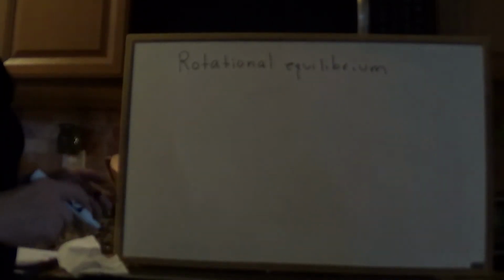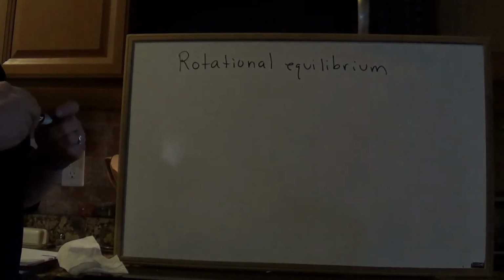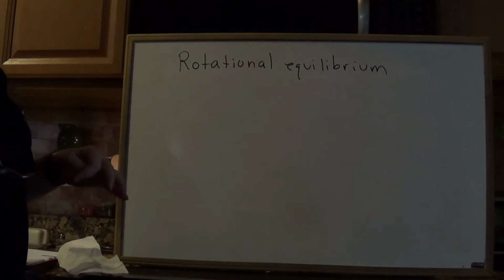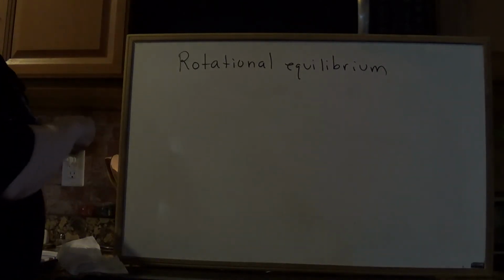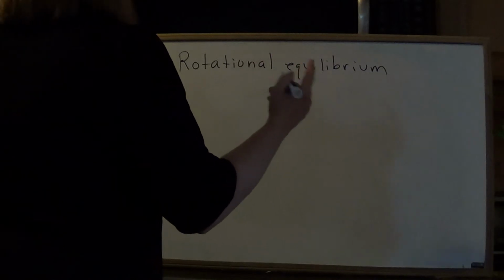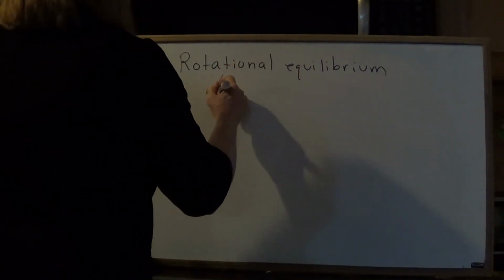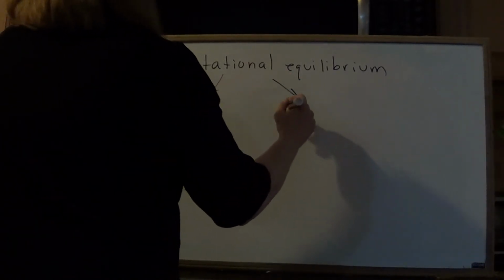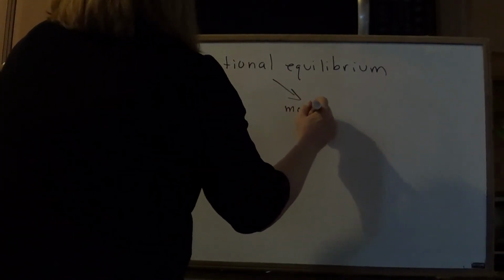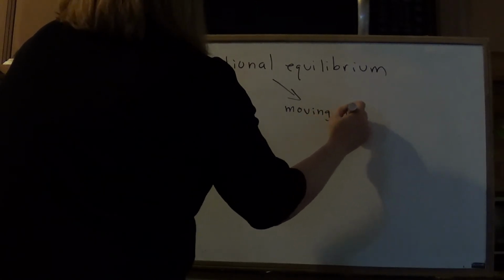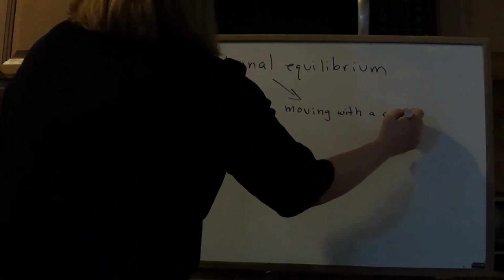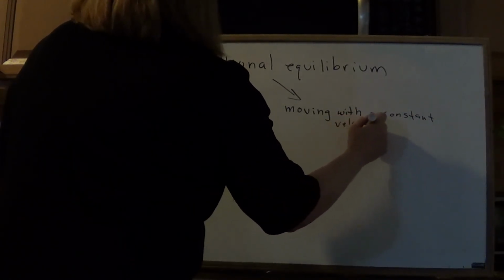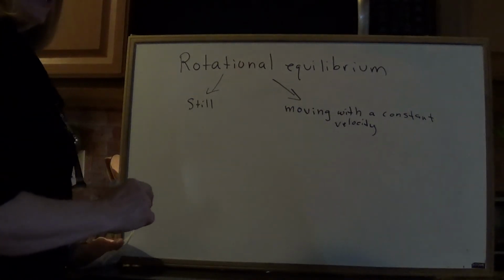Just like in translational equilibrium, if you look at the first part of our mod, we started out with definitions regarding translational equilibrium. It involves two things. It can either be still, not moving in a circle, or it can be moving with a constant velocity. In either one of these, the acceleration is the same.